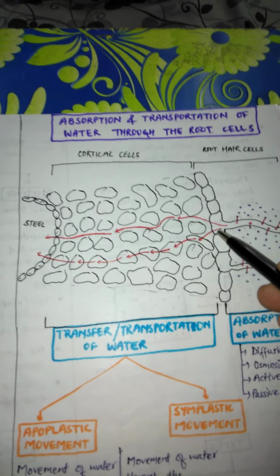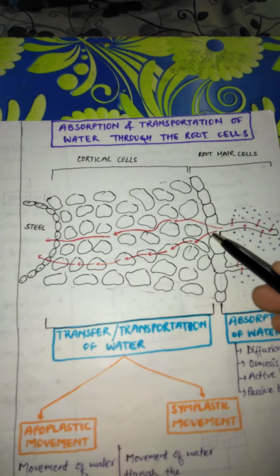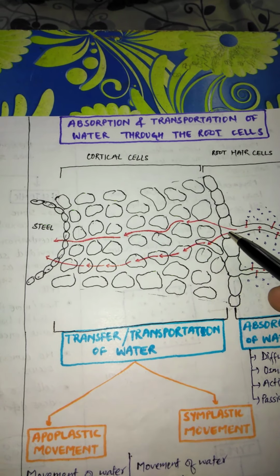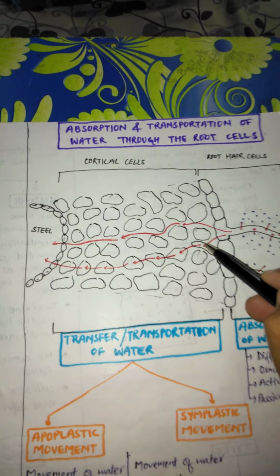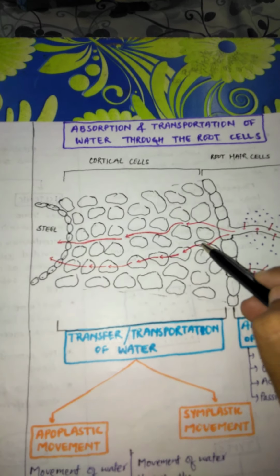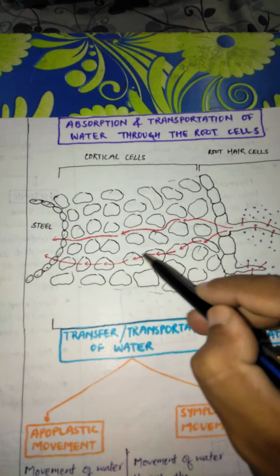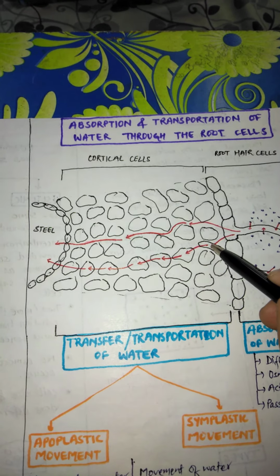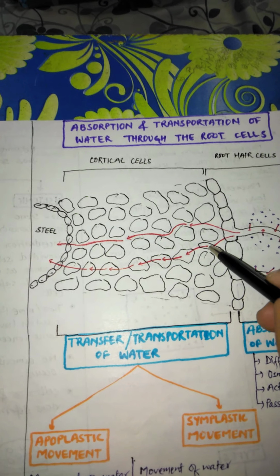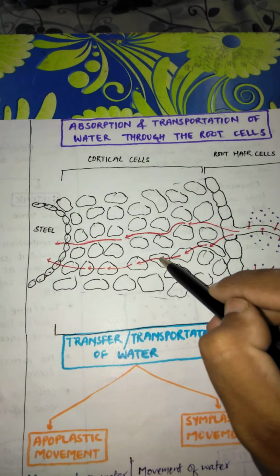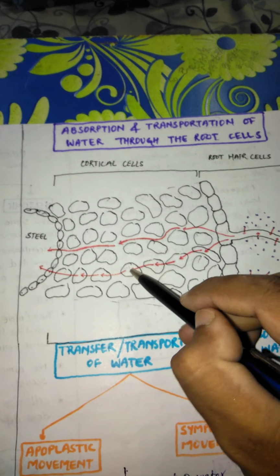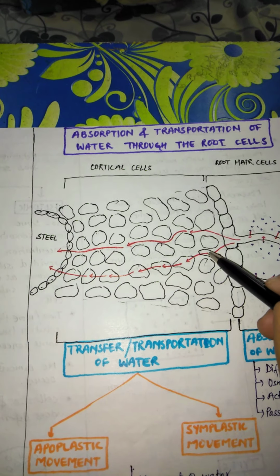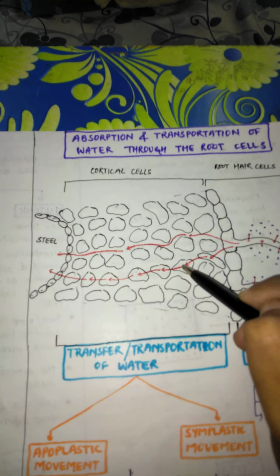The second pathway is the symplastic pathway. During the symplastic pathway, water molecules enter a cell and are then transported to the next cell and further on. The transportation occurs from the cytoplasm of one cell to the cytoplasm of the next cell, that is, the water molecules move only through cytoplasmic streaming.